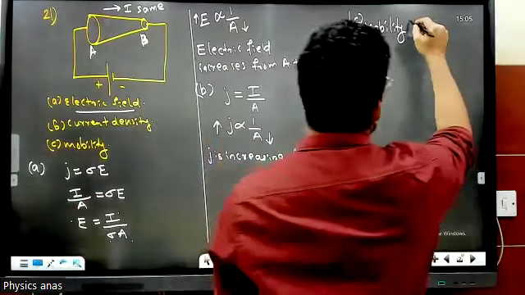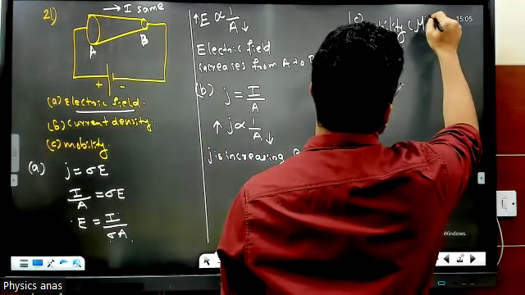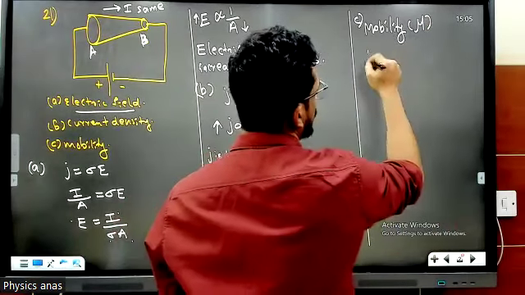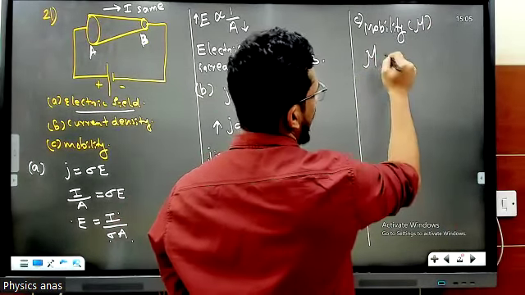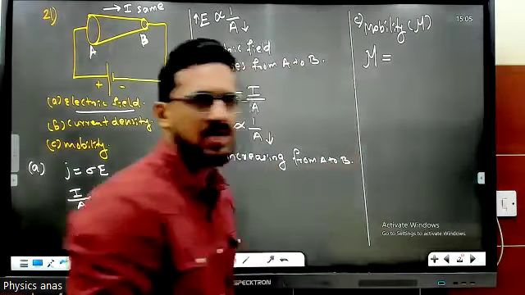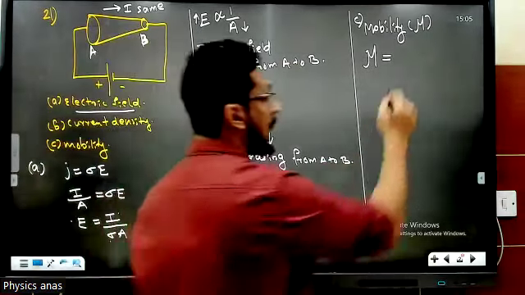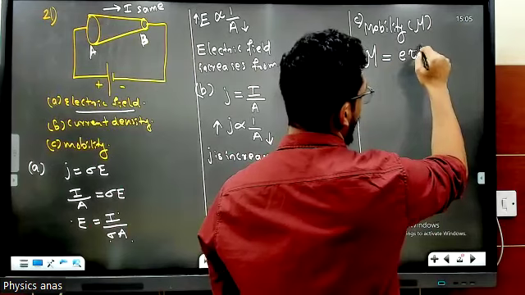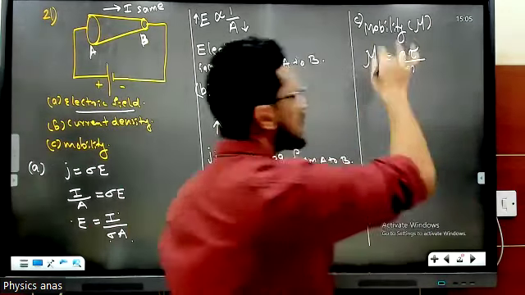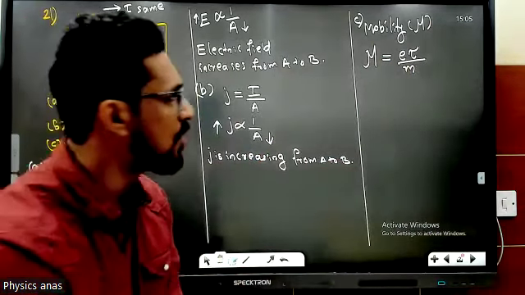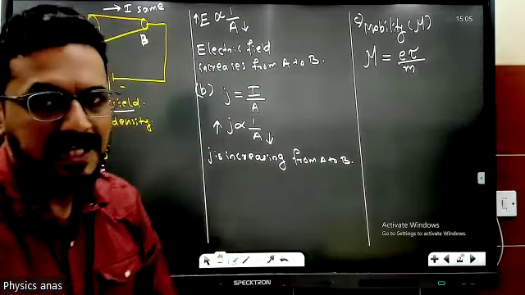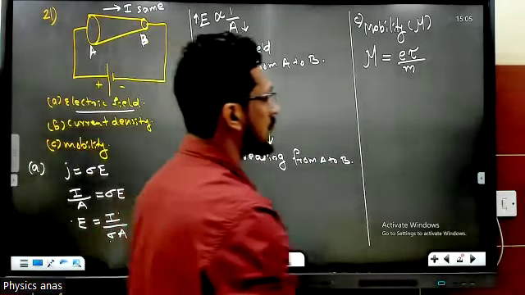Mobility is represented with the letter mu, and the equation is mu equals e tau by m. Just look at it.